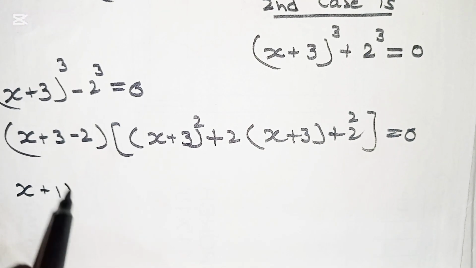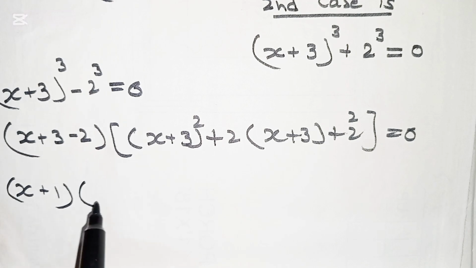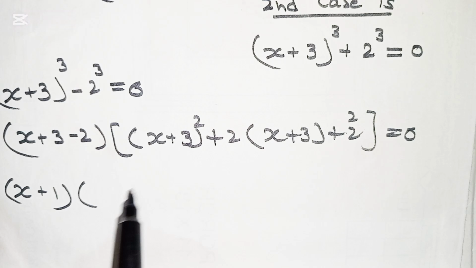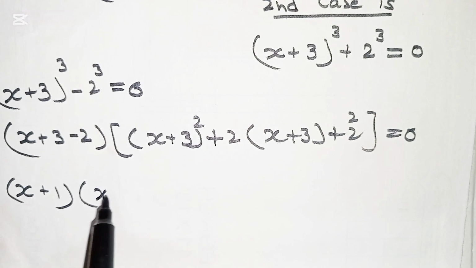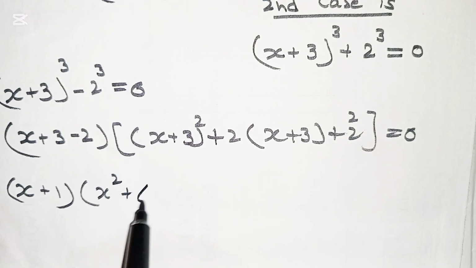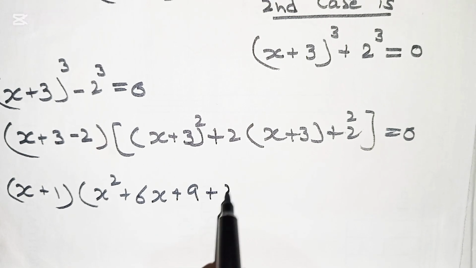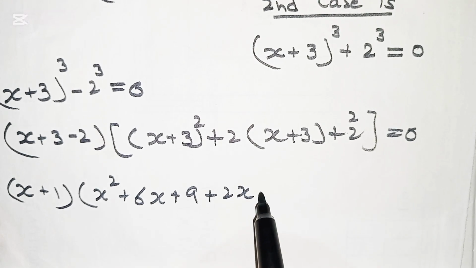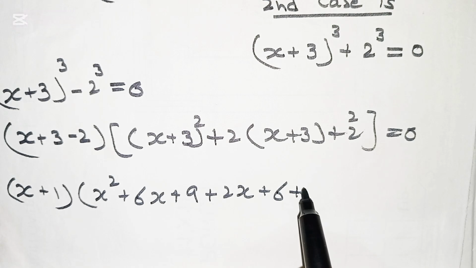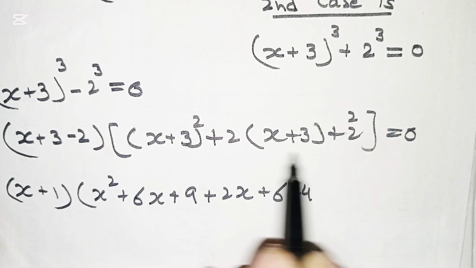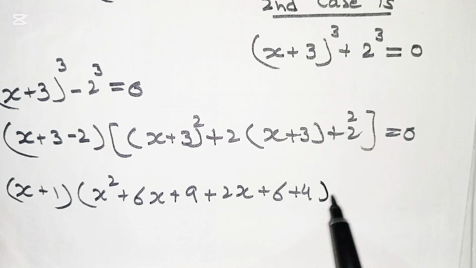x plus 1, and now this (x+3) multiplied 2 times is x squared plus 6x plus 9, plus 2x plus 6, and then plus 4. And here we can solve this.